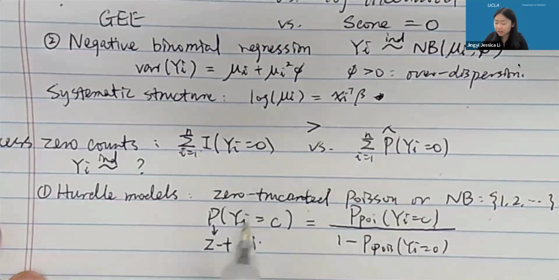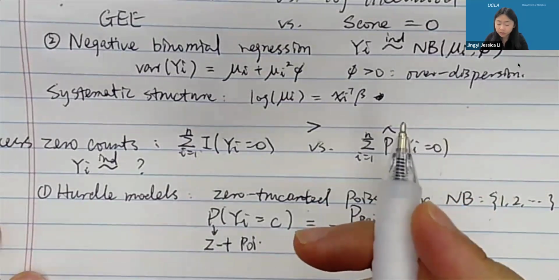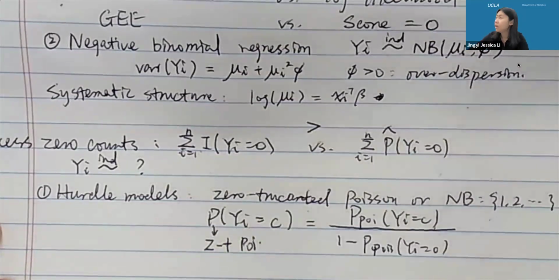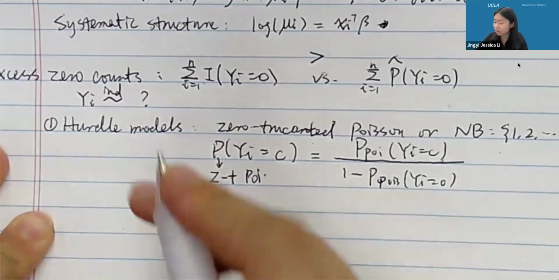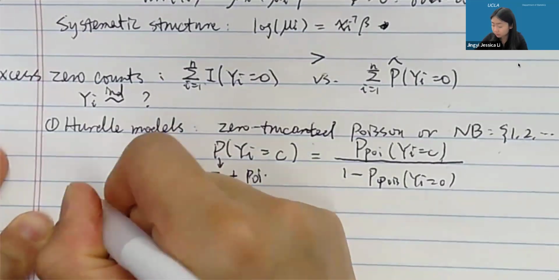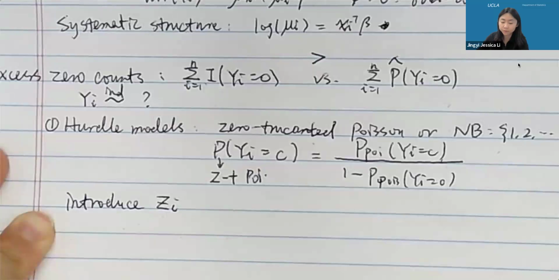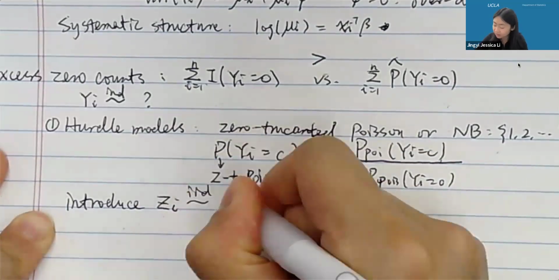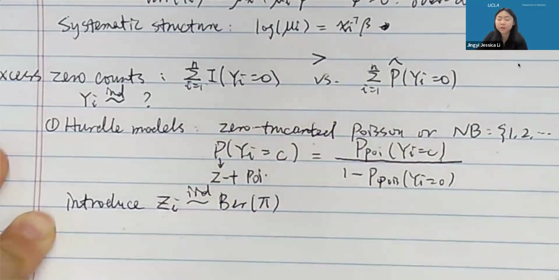With this, then the hurdle model just adds 0 to it. What it does is introduce a new variable, which we use for mixture models as just an indicator. We introduce this zi indicator variable, which are IID Bernoulli, following a Bernoulli distribution with probability pi.